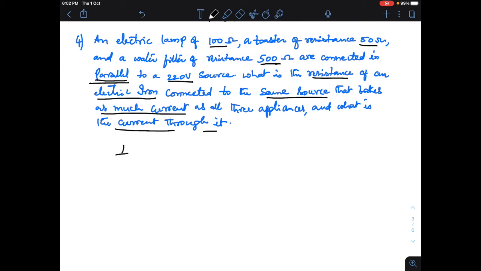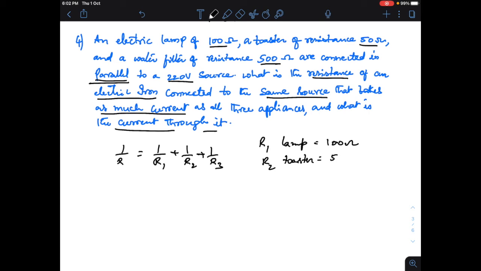So first let us write the formula for resistance in parallel. 1 by R is equal to 1 by R1 plus 1 by R2 plus 1 by R3. Now here R1 is lamp resistance, that is 100 ohms. R2 is the resistance of the toaster, that is 50 ohms. R3 is the water filter, that is 500 ohms.